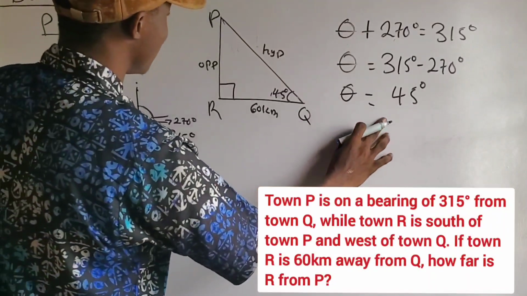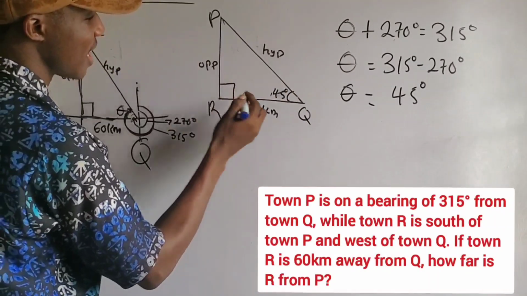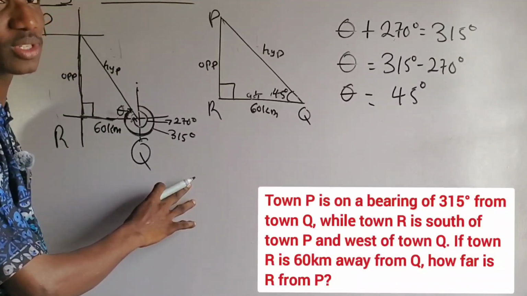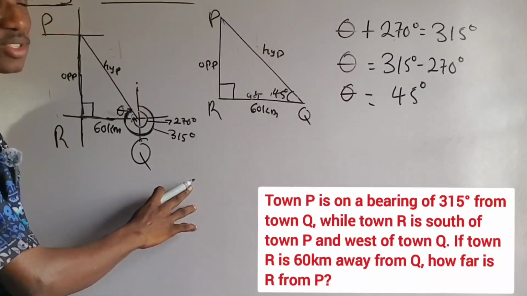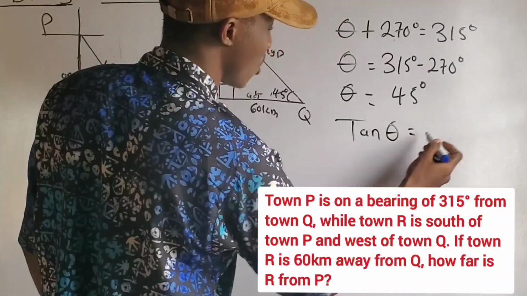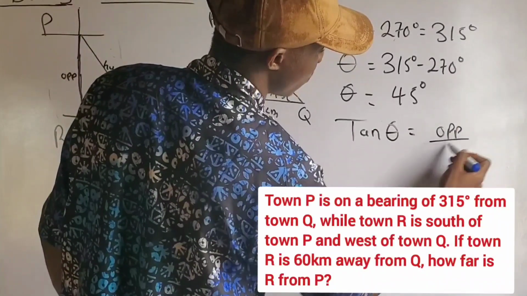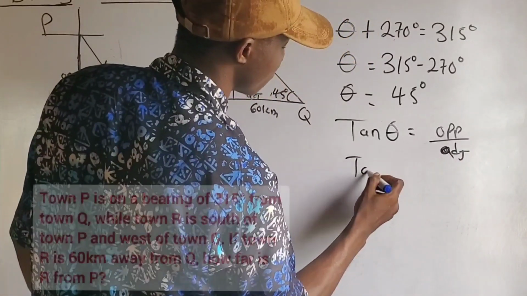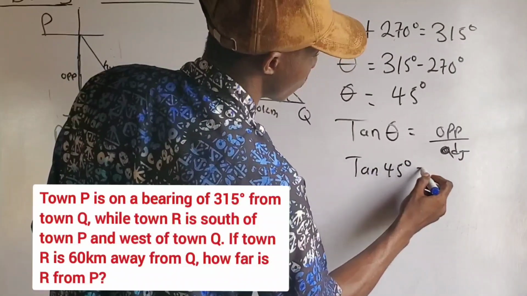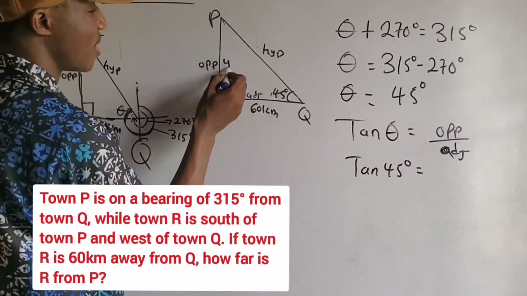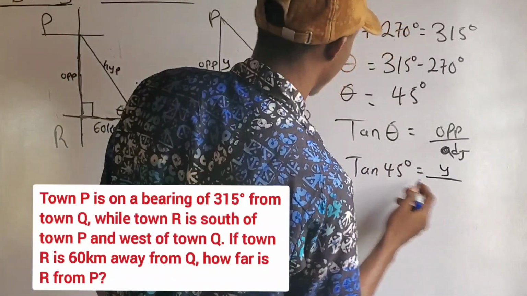So this is 45 degrees. Opposite and adjacent. The trigonometric ratio that is suitable for that is tan. So tan theta equals opposite over adjacent. So tan 45 degrees equals opposite. The opposite is not known, so let's represent it as y, all over the adjacent, which is 60.